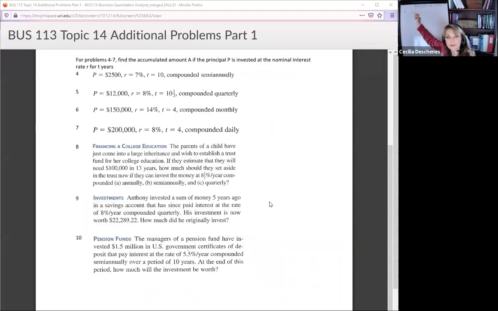We have that the amount needed is going to be $100,000, and that the child, I don't know how old the child must be, like 13 minus 5 years old maybe, right? So we're going to say 13 years from now. So the elapsed time is going to be 13, and the rate is 8.5, so the rate is 0.085, right? So 8.5% is 0.085.